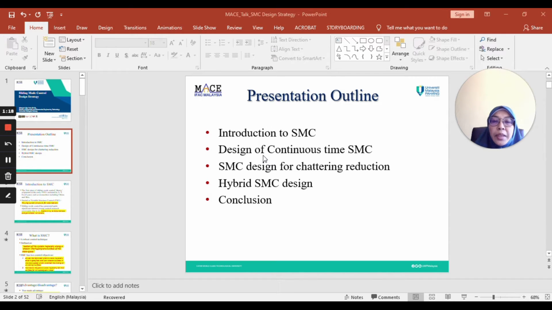I will focus my design strategy on continuous time sliding mode control, and I will share ways of chattering reduction, and also how we can use more than one SMC strategy to design a controller meant for chattering reduction, and also to improve the performance of the controller. Finally, the conclusion.